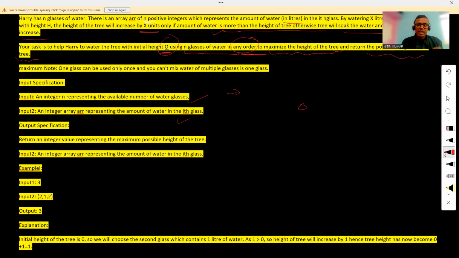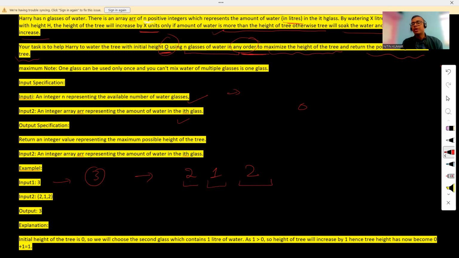Now let's understand with an example. Here the input is 3 and the water amounts given are 2, 1 and 2. So we have 3 buckets of water: one of 2 liters, one of 1 liter, and the third of 2 liters.